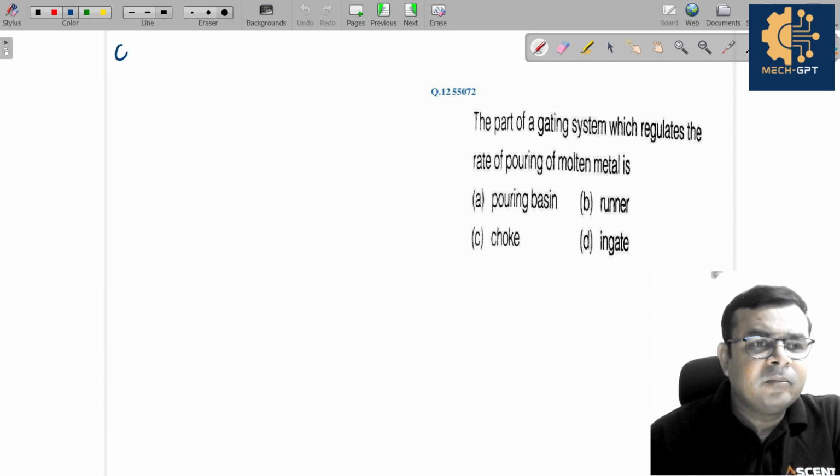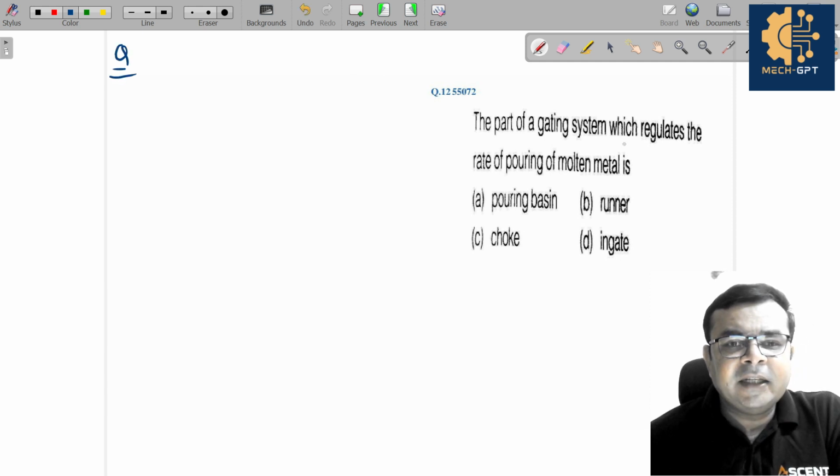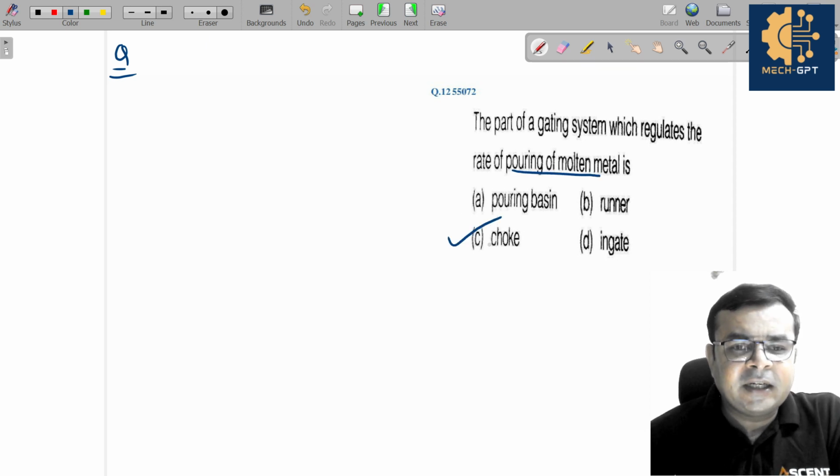Okay, let's see another problem. The part of a gating system which regulates the rate of pouring of molten metal into the riser is... So the correct answer is choke.